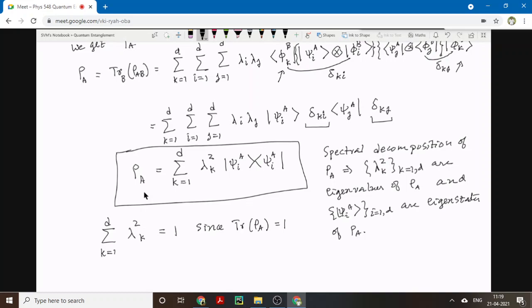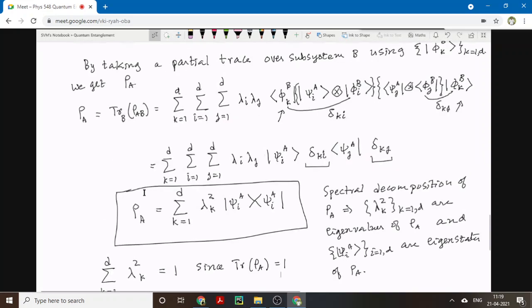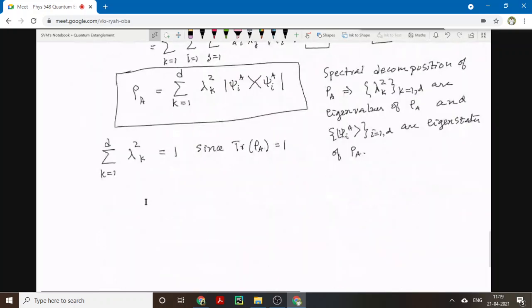Now we can repeat this calculation, which I will not do.